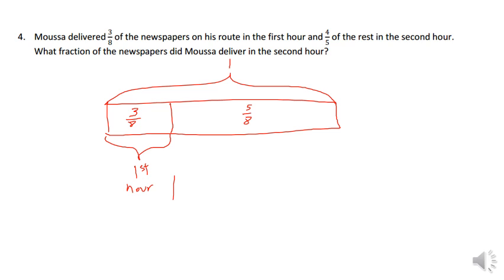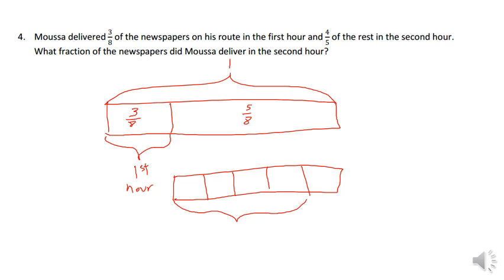So now I'm going to come up here and redo it. And I know it says 4/5 of the rest. So I'm going to split this into fifths. 1, 2, 3, 4, and 5. And he does 4/5 of the rest. So we know this is equal to 5/8. So we know it's 4/5 of 5/8, which equals 4 times 5 over 5 times 8.